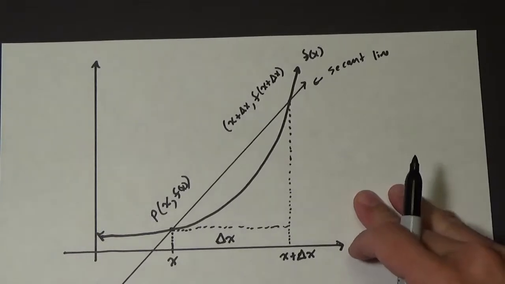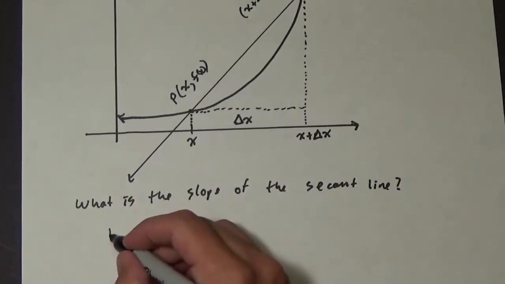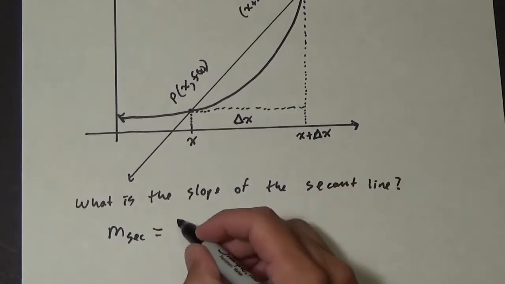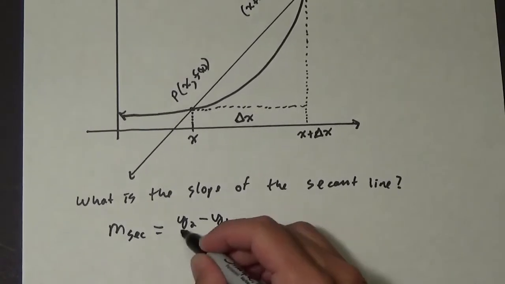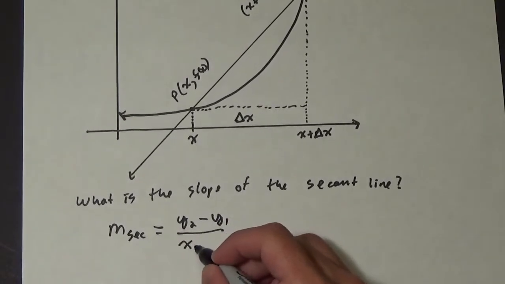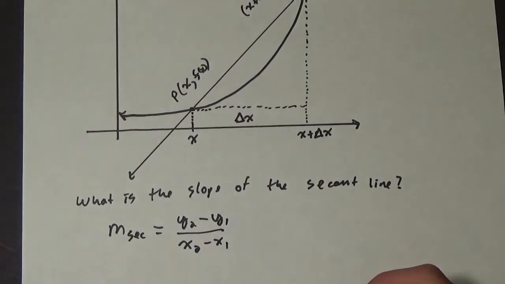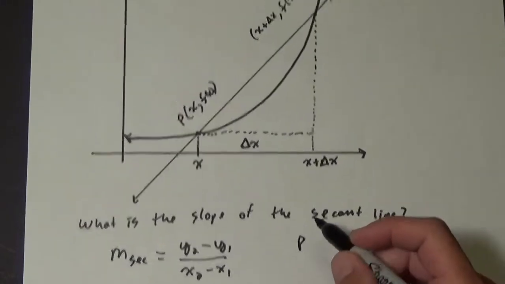So let's go back down here, and we know that the slope of a secant line, or the slope of any line, is y2 minus y1 all over x2 minus x1. So we have 2 points. We have point P, which was up here.